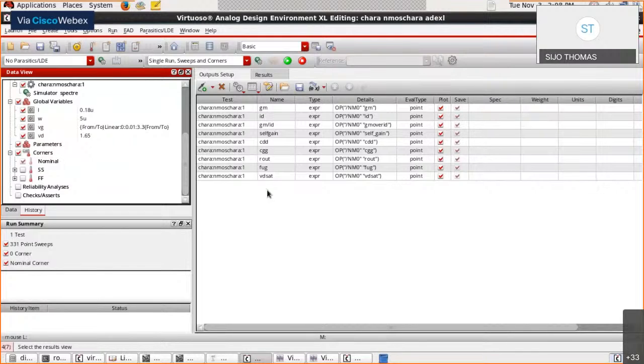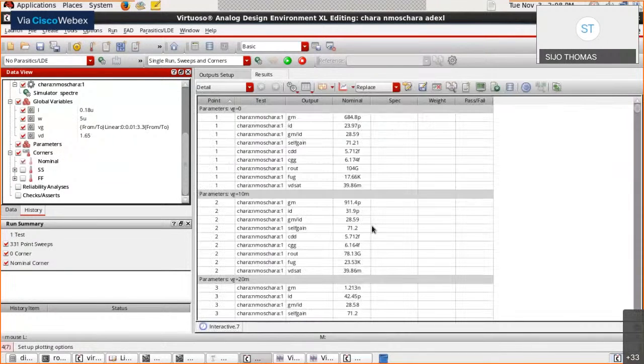So if you plot it, as you can see, the results. Naveen, can you show the results? Yeah, so once the simulation is done, you can find it has generated 331 sweeps.